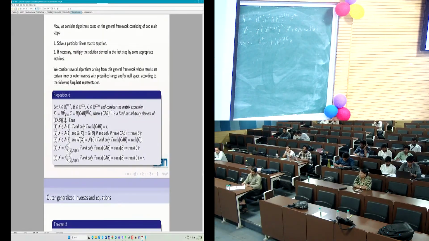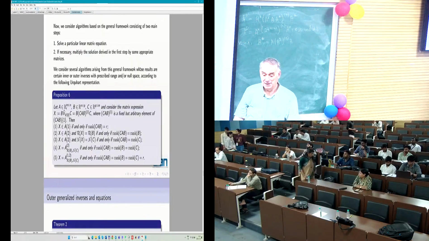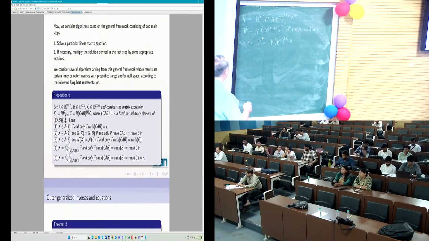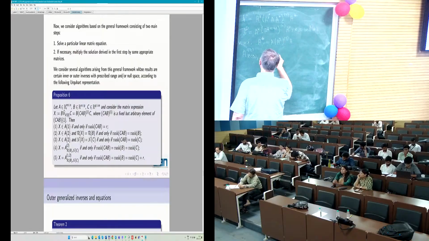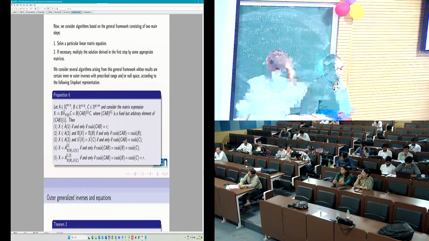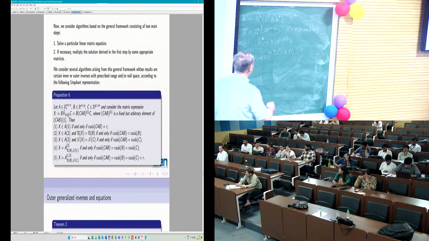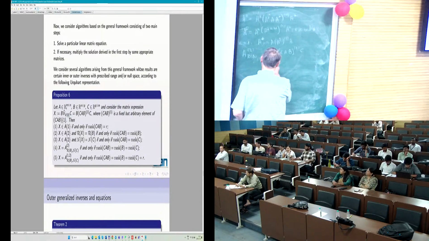Mathematica includes the Moore-Penrose inverse frequently. If we have the outer inverse of C, it will be represented in the form B. There is one condition here. The rank equality must be assumed.